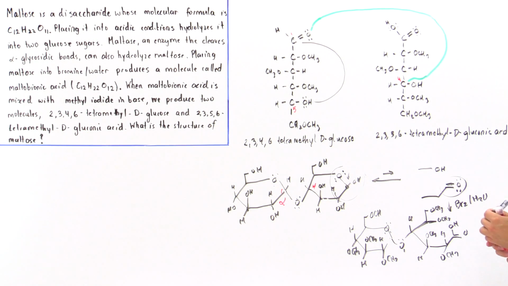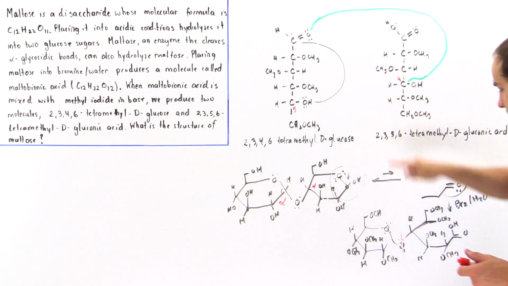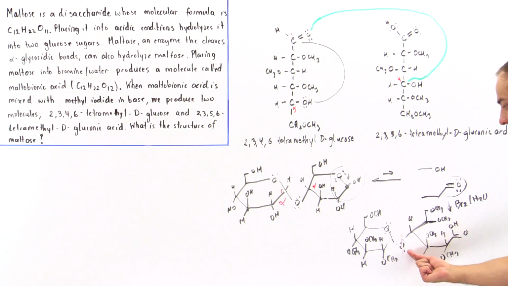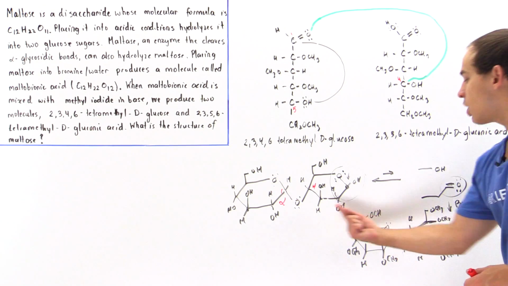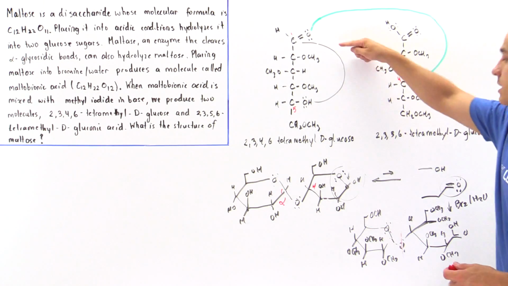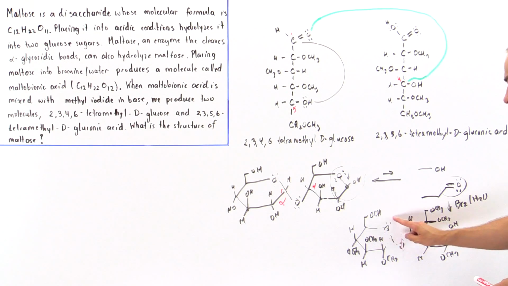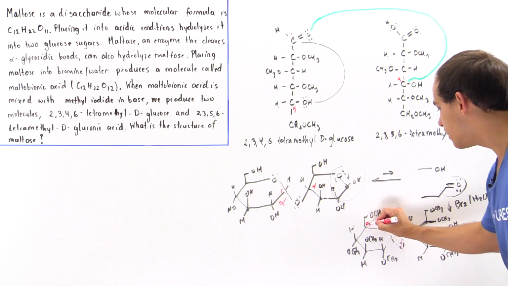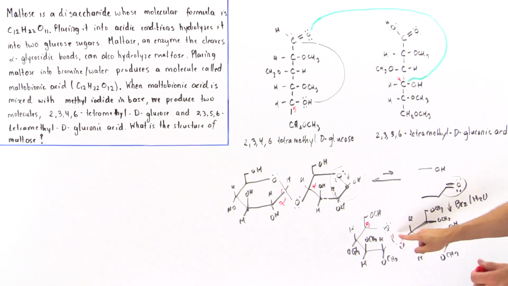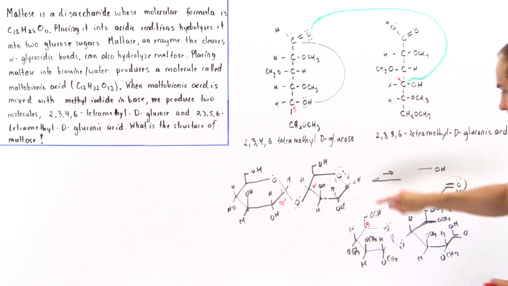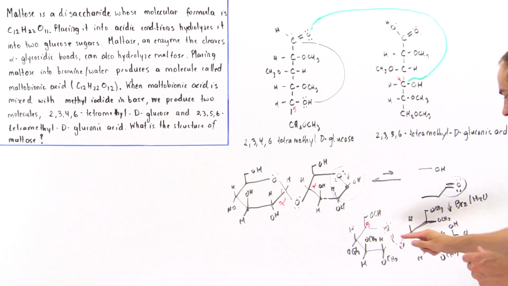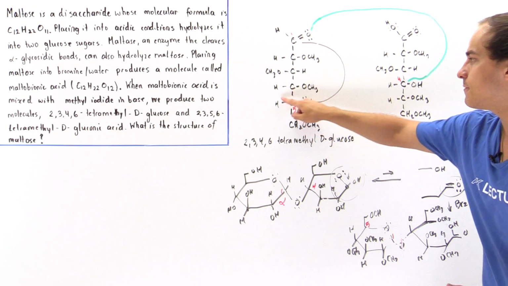We can imagine that we break this bond here, and what happens is this oxygen will end up on this location on sugar molecule number 1, and this will transform into an aldehyde group, and this oxygen here is attached to carbon number 5 and carbon number 1. So carbon number 1 will contain the aldehyde, and carbon number 5 will contain the O and the H.